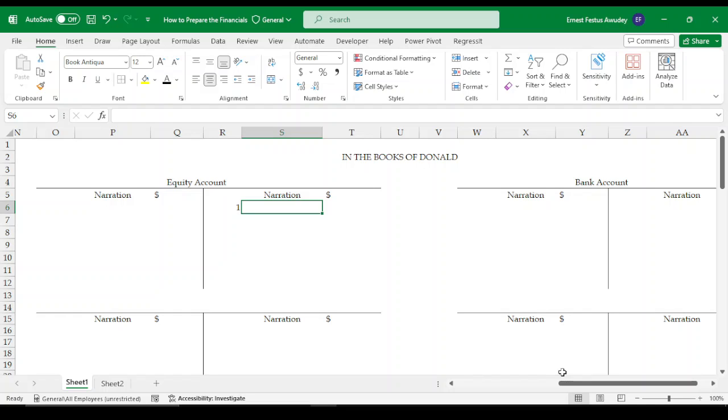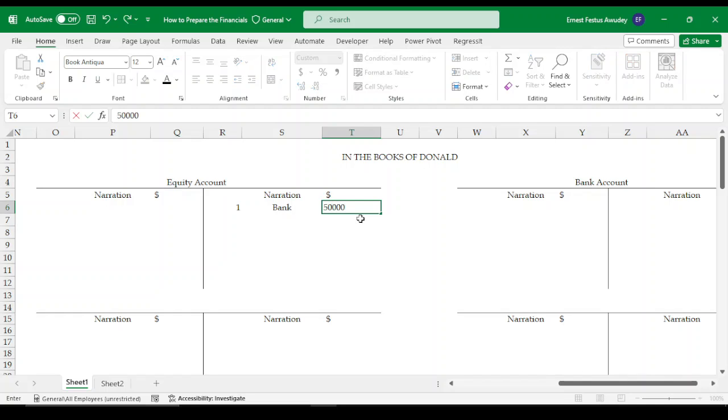That is a principle. From our analysis, the corresponding account is going to be our bank, because the amount introduced into the business is going to be put in the bank account. All right. So how much is it? It's 50,000. So I can write my 50,000 there.